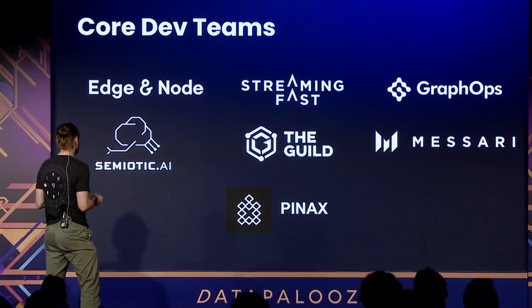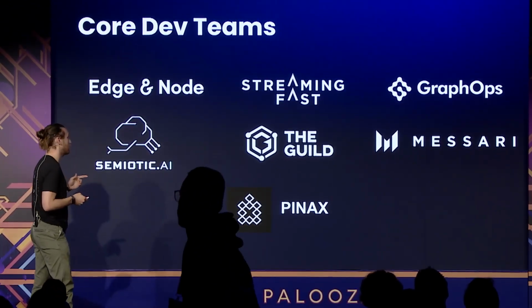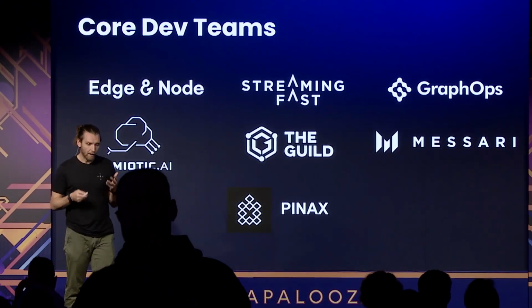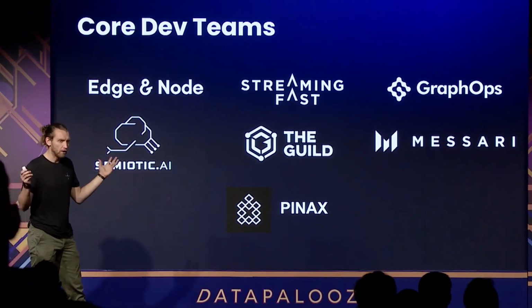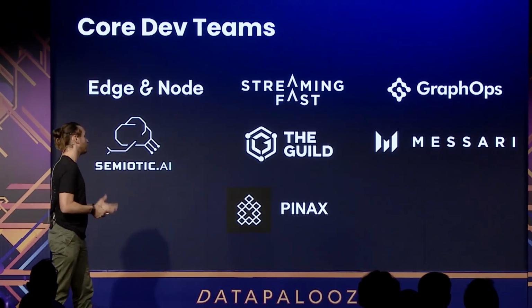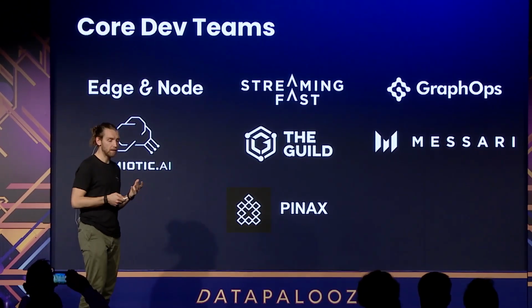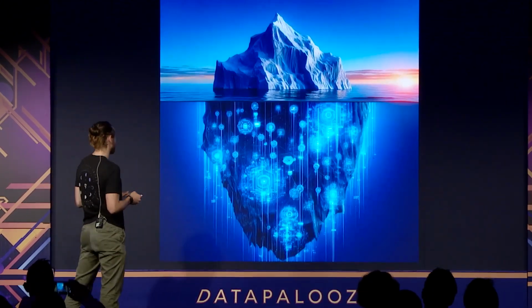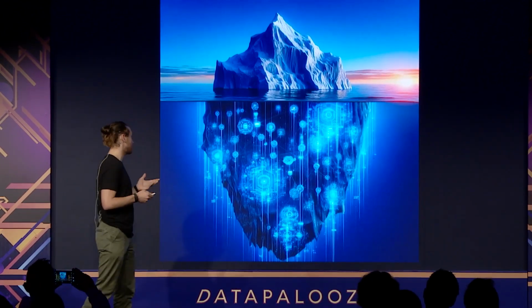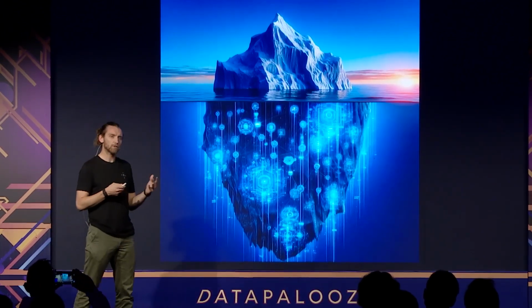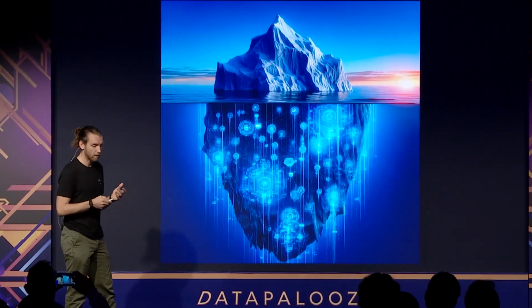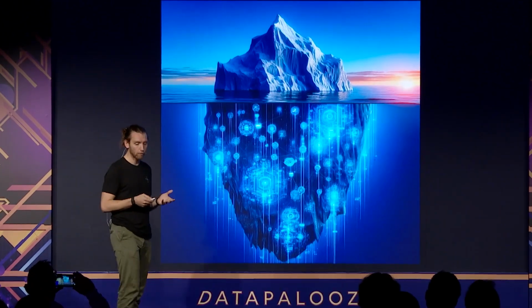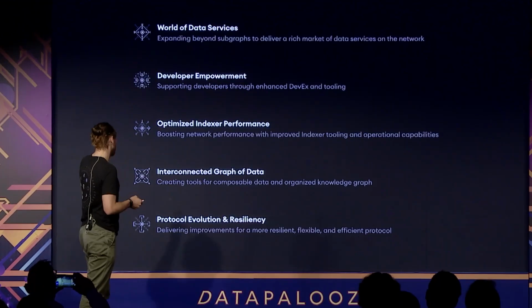As Kyle said, Edge & Node were the first core developer, but it's been incredibly energizing and inspiring to see the new minds who've entered the ecosystem, who continue to push us forward and bring their expertise to The Graph. And essentially this roadmap, and I thank ChatGPT for this, is trying to show people below the surface of the iceberg to see a bit more of what's going on behind the scenes, so people can get a sense of what's been worked on.